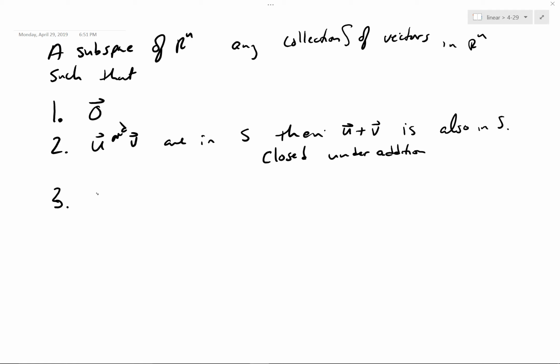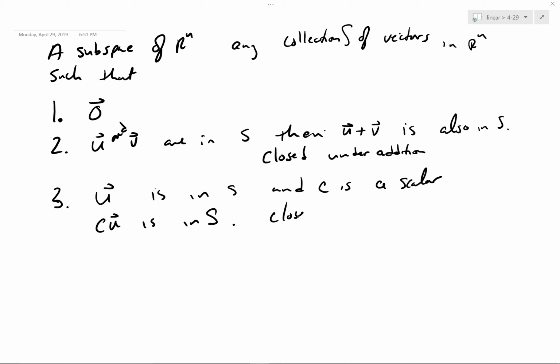Also, if U is in S and C is a scalar, then C times U is in S. That means it's closed under scalar multiplication.